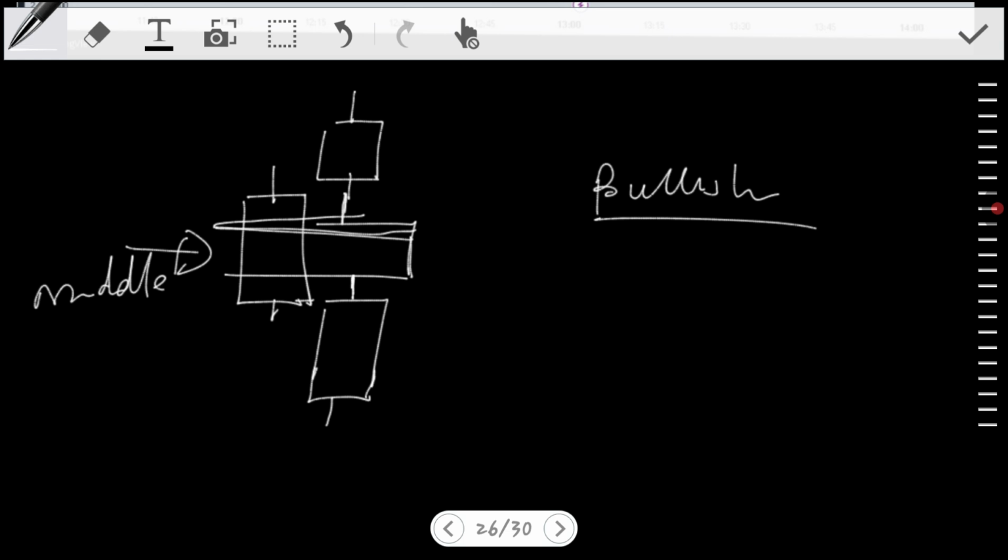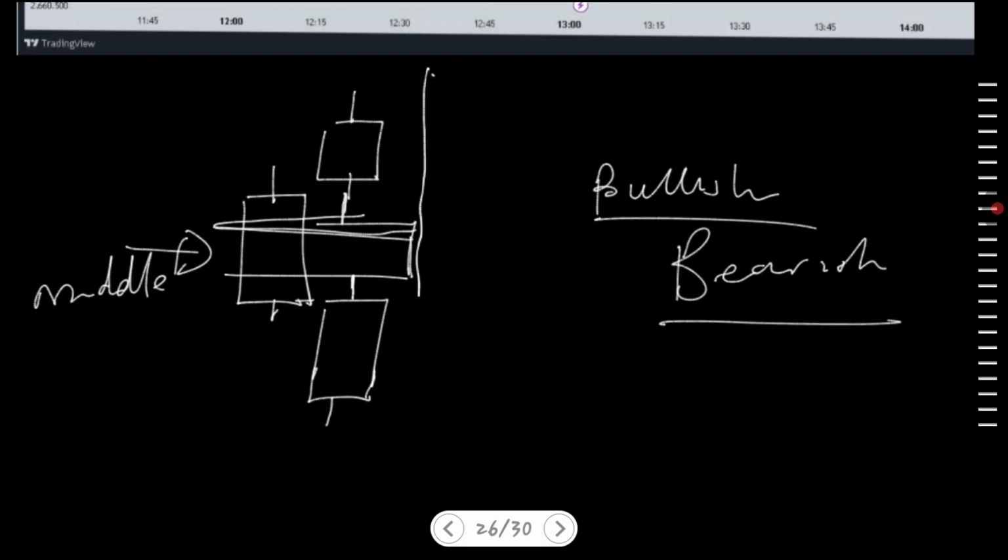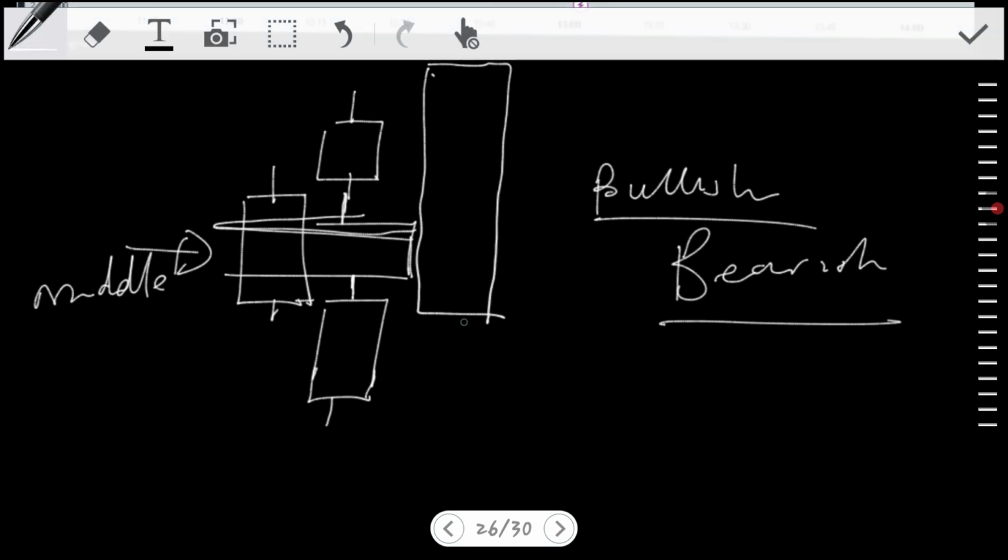Now, when another candle comes in, let's say the candle is trending, it is bearish, right? Moving downwards. The candle comes from up, let's say from here, and now that candle passes this fair value gap right here.